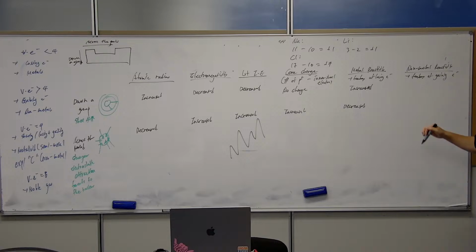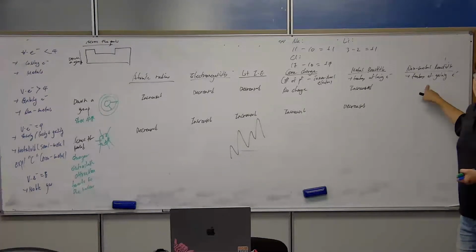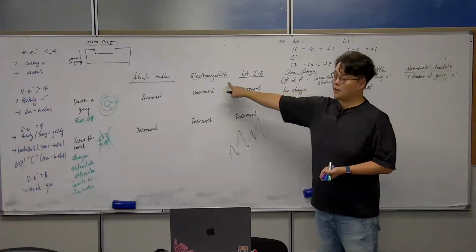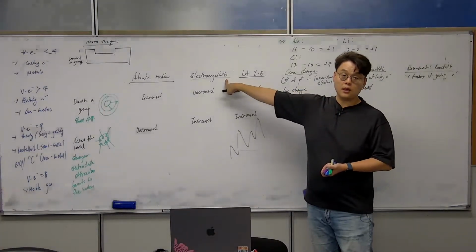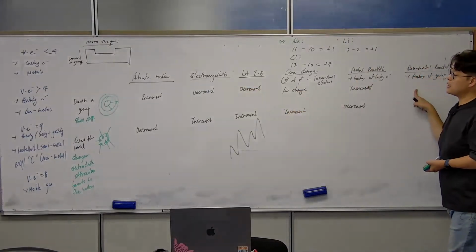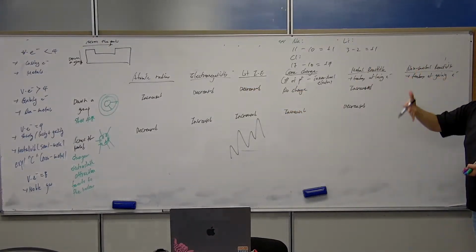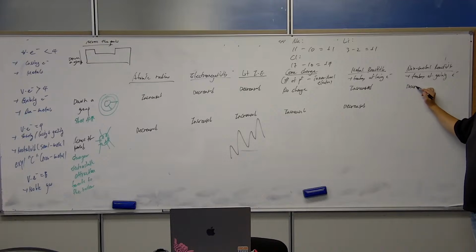electrons. But did we talk about the tendency of gaining electrons before? This is almost the same as electronegativity. Which means it will share the same trend as electronegativity: going down the group, as the size is getting bigger, it'll be harder to gain, so it'll decrease in terms of non-metal reactivity. Also, across the period, it will get increased.